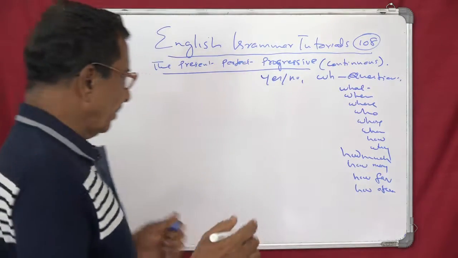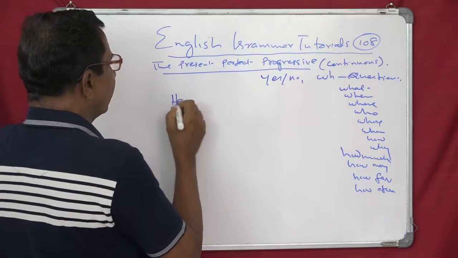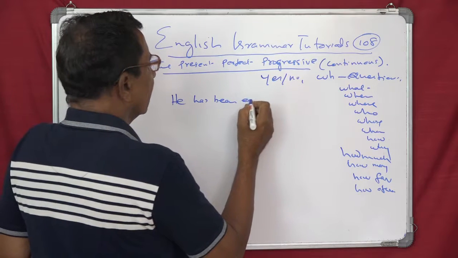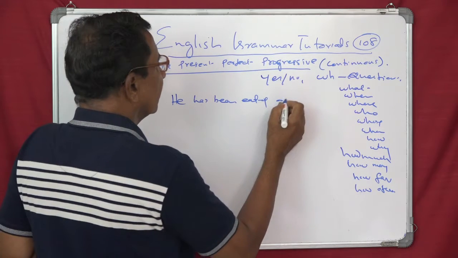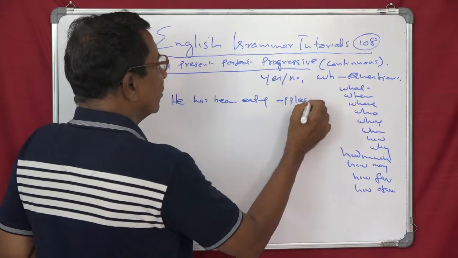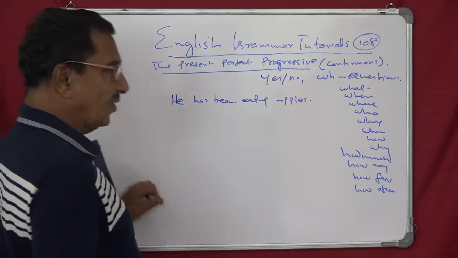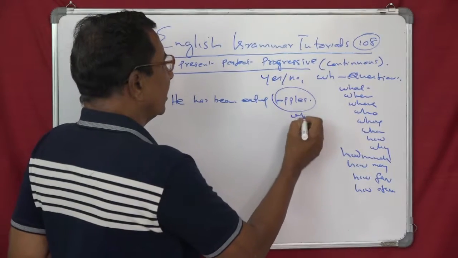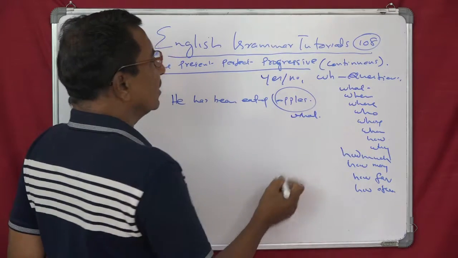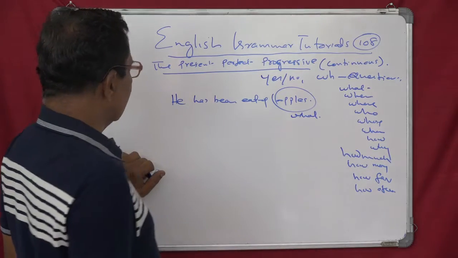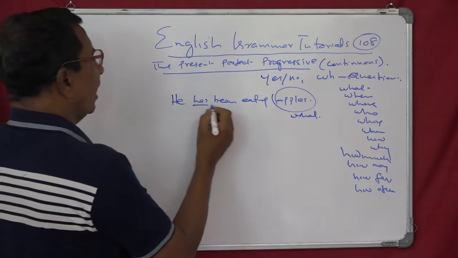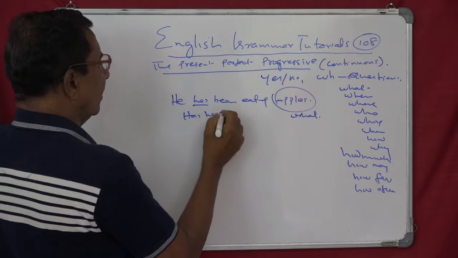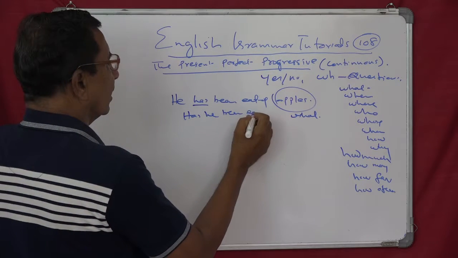Understand? For example, he has been eating apples. Very dangerous. Too many apples. So what will you do? You won't get the answer apples, so you write the next one: what. You cannot say where, who, etc. So then our technique, yes or no: has he been eating?